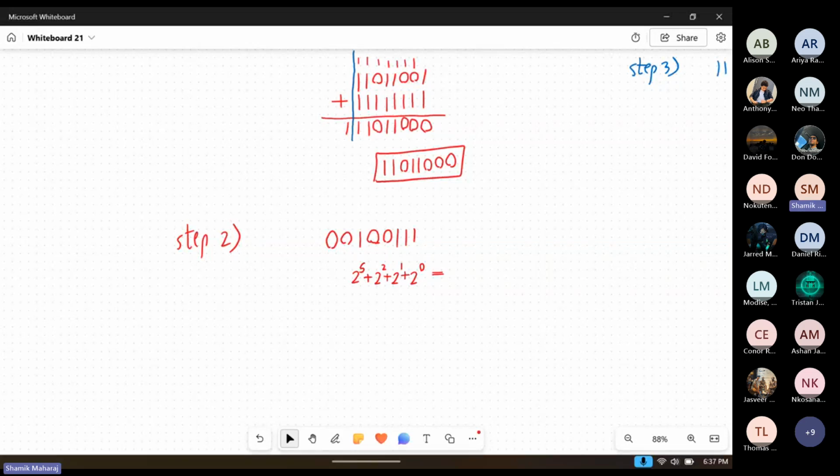I'm pretty sure 2 to the 5 is 32, but let me just double check it. 2 to the 5 gives us 32 plus 4 plus 1. No, that's not 1, sorry, that's 2. 32 plus 4 plus 2 plus 1. So that's 36, 37, 38, 39. All right, so that's step 2.